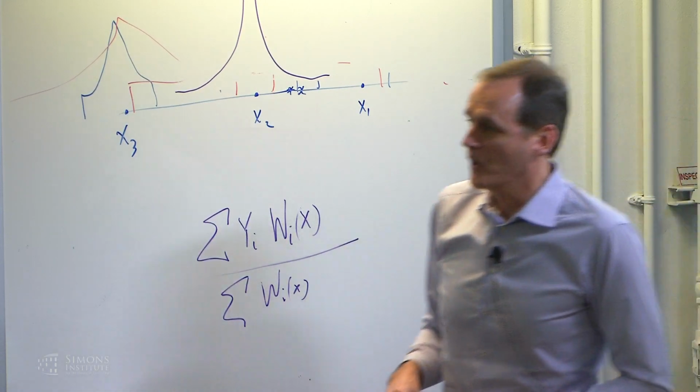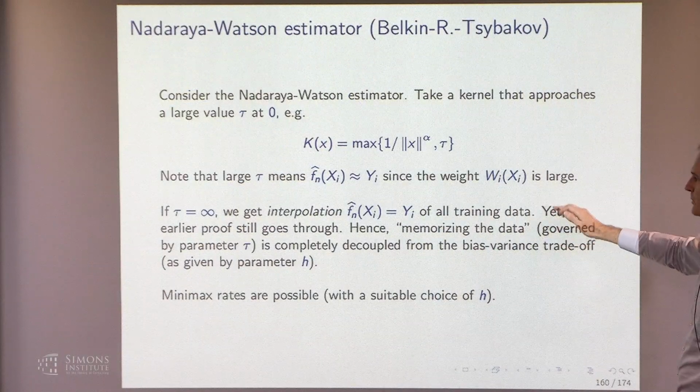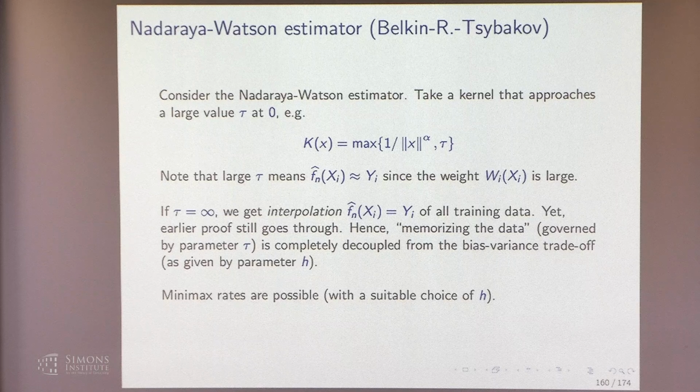And if you think through the argument that we gave, it still goes through. So actually memorizing the data doesn't harm that sort of bias-variance trade-off argument. And this paper showed actually that if you choose the bandwidth appropriately, you can still get these min-max rates.